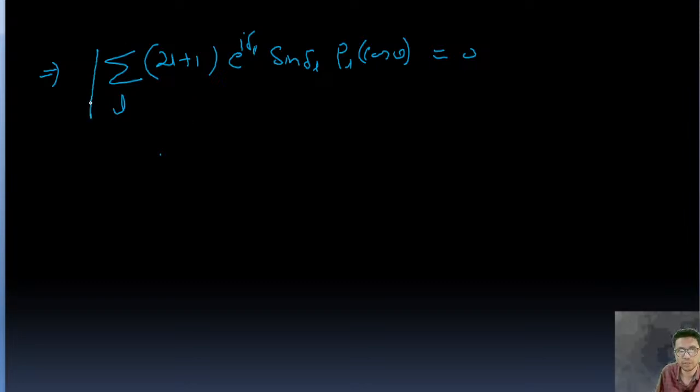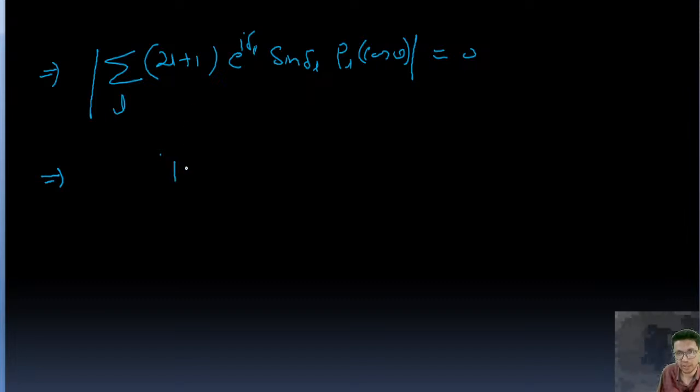Mod is going to be 0. Square, we can take this side, so mod is going to be 0. So this means this is going to be this one. For 0, this value is going to be this. 0 means 1, right?